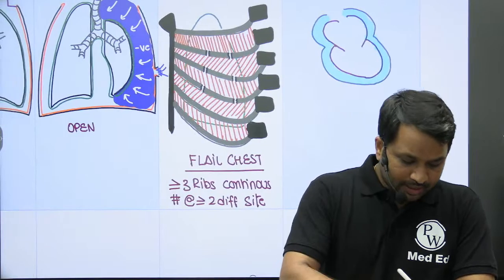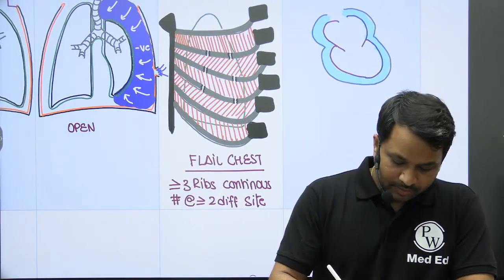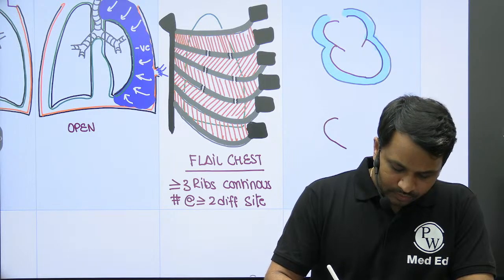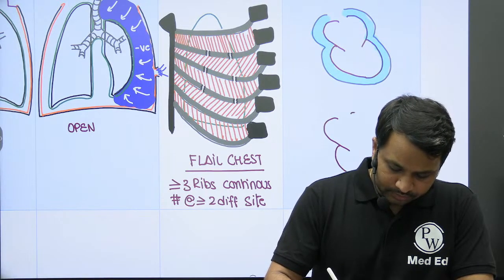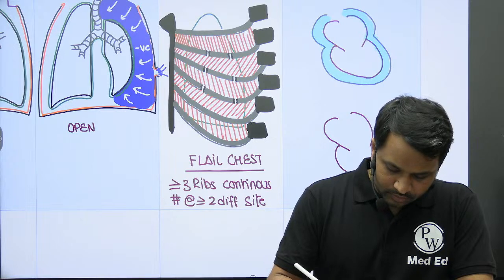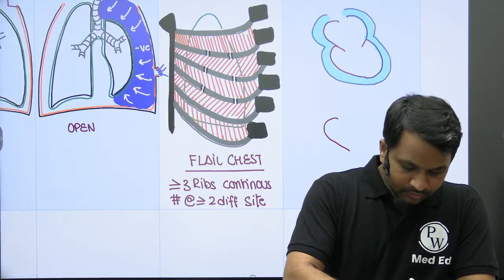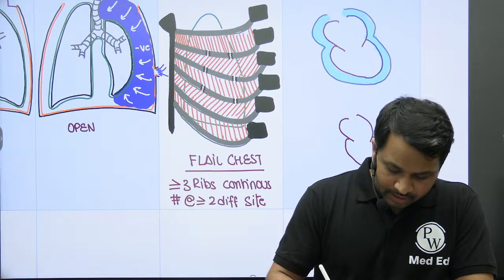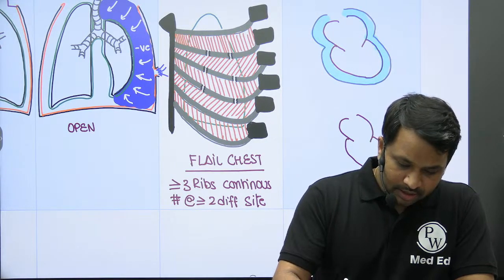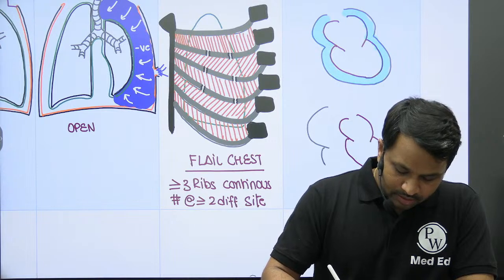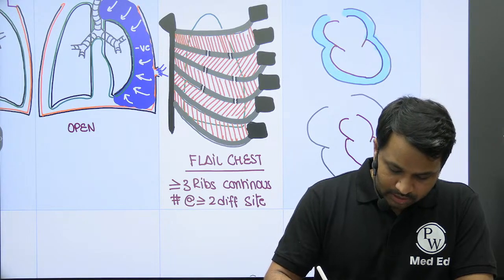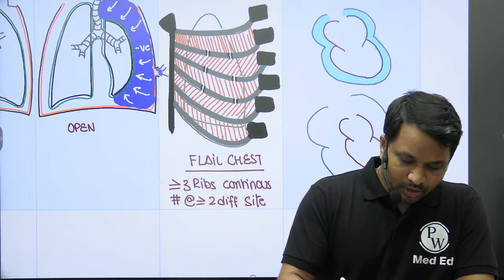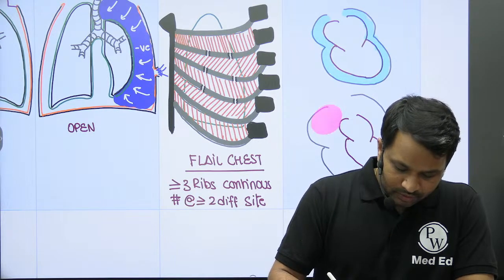Now in a pericardial tamponade, you'll see this is the heart, and there is a collection of fluid between the pericardium and the heart. So the heart gets compressed. The pericardium swells even bigger. So the pericardium is going to be like this. So the heart shadow is bigger, but the heart is getting compressed. And that is because there is blood.